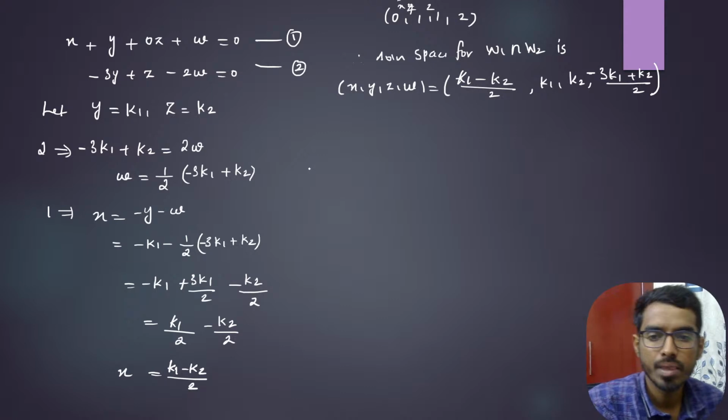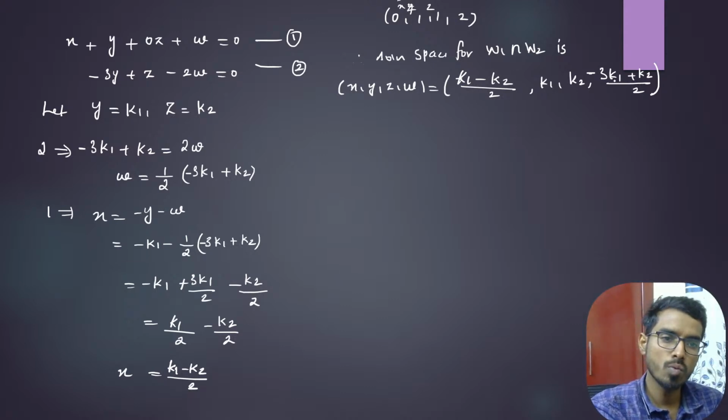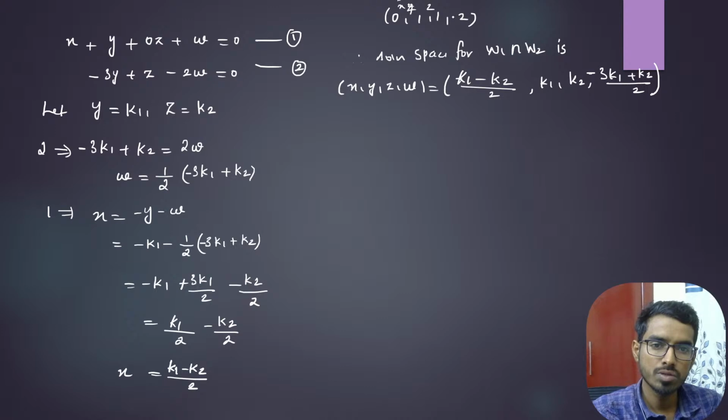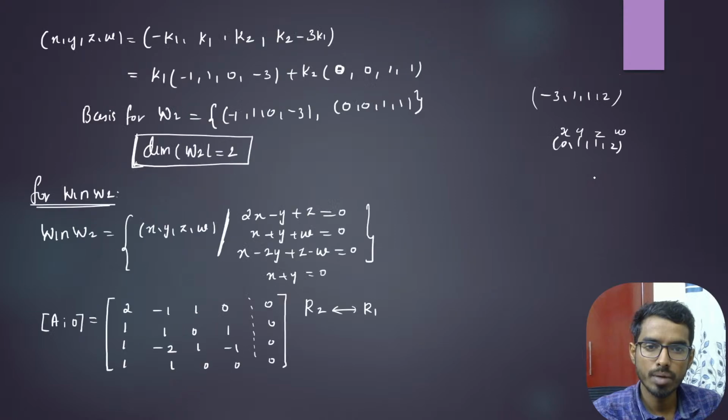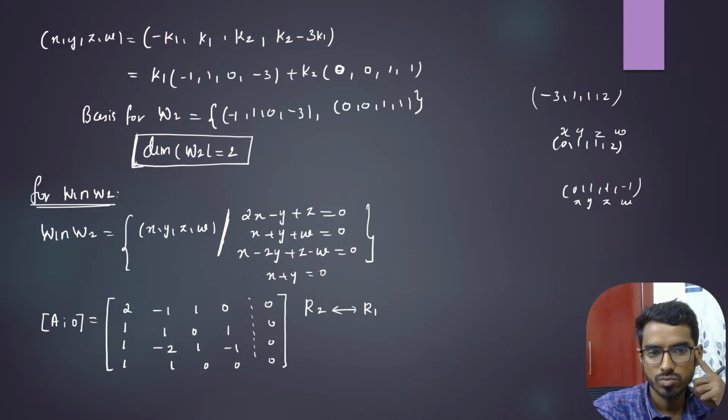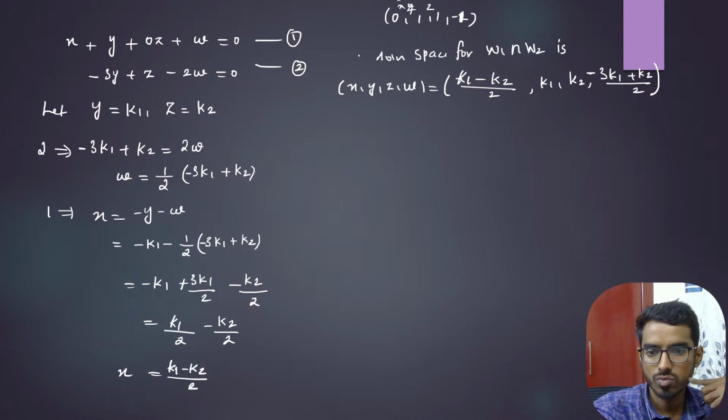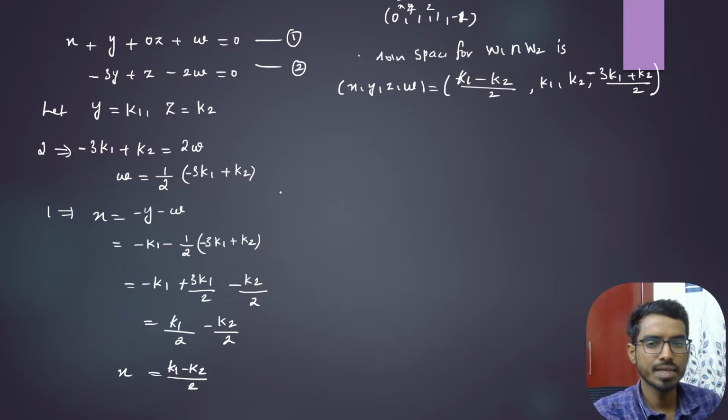Yes, so if I take this as 1 1, we will have minus 3 plus 1, which will be minus 1, right? That means this is 0, 1, 1. So x, y, z, w. Okay, I think I'm making some mistake, right?